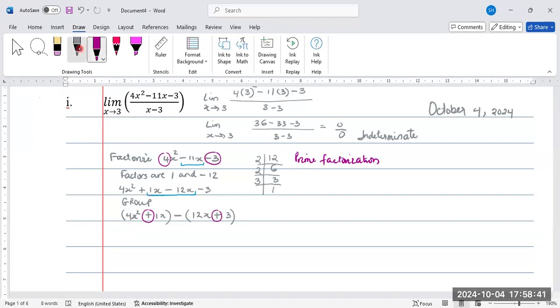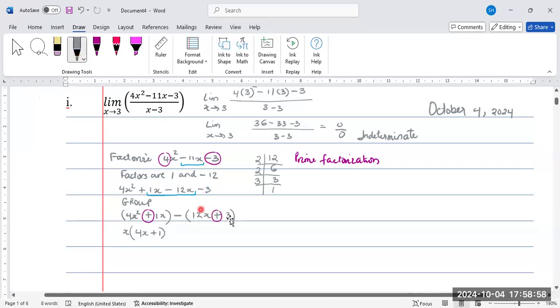X is common, so I'm going to take out my x. What is left? 4x plus 1. Very nice. What is common here, and here? Three, sir. Very nice.